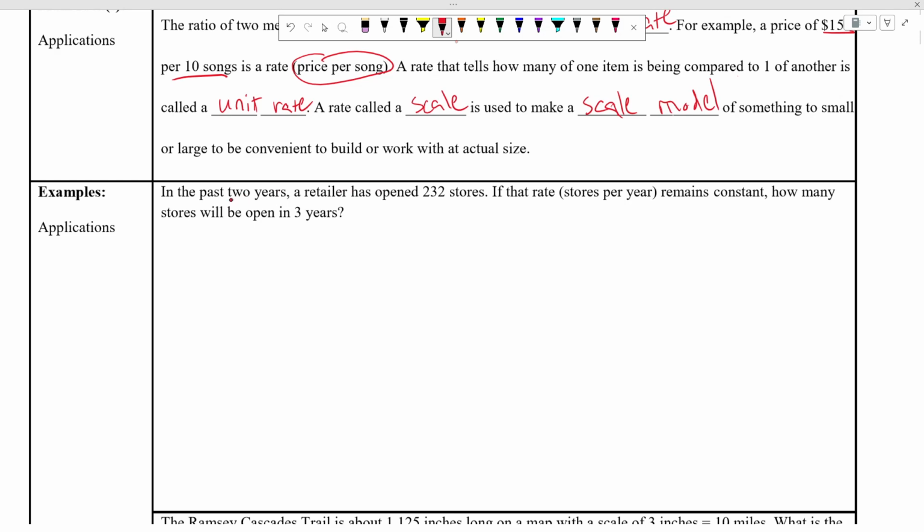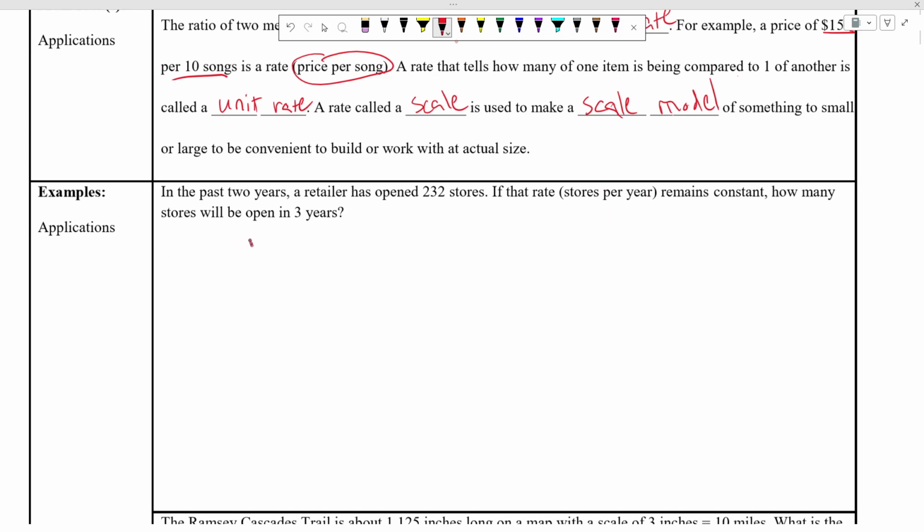So I'm getting a sense here that there are 2 years, and that is related to 232 stores. Oh, in fact, the rate, stores per year. If that remains constant, if that holds true going into the future, how many stores will be open in, say, 3 years' time?